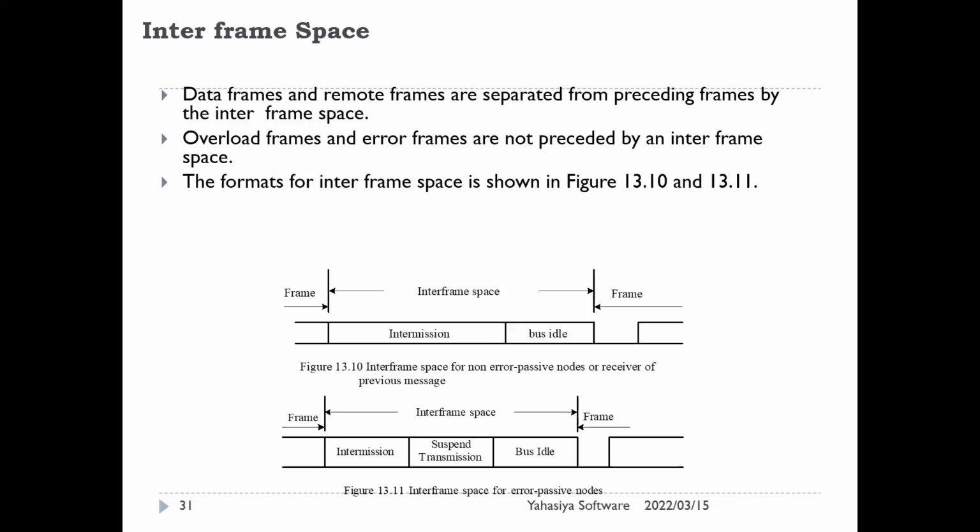The size of the interframe space is 3 recessive bits. When you transmit 3 recessive bits, that much time it takes. They will keep the bus idle for that time. That means there won't be any transmission in that time. The bus will come to the recessive state, 2.5 volt state, for a short period of time. Like that, they protect the CAN packets from collision.